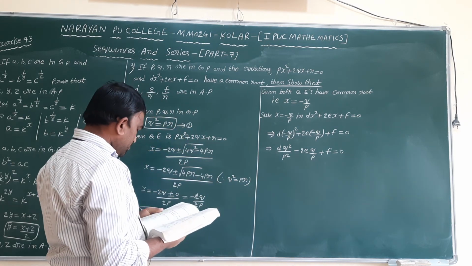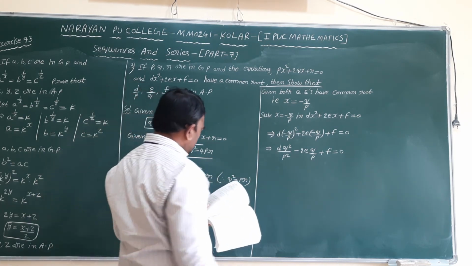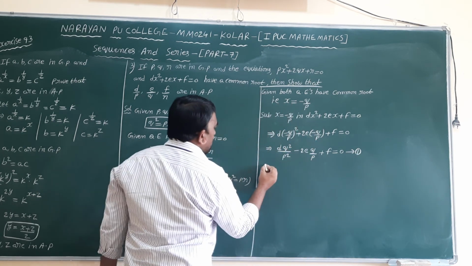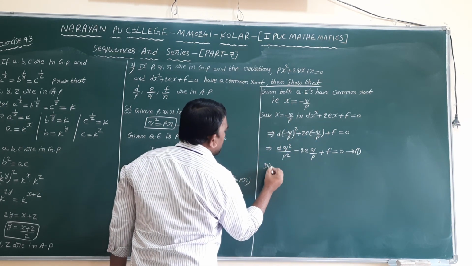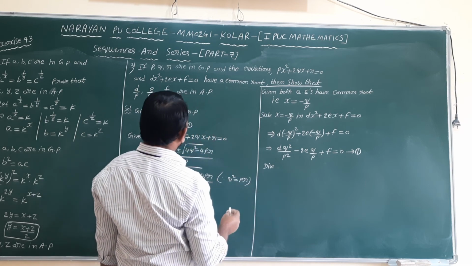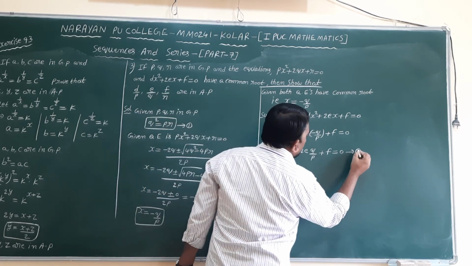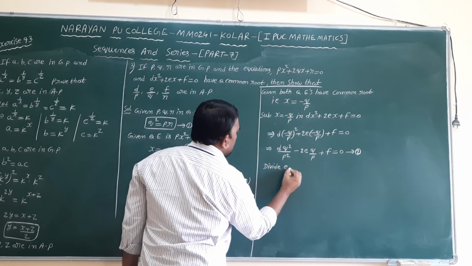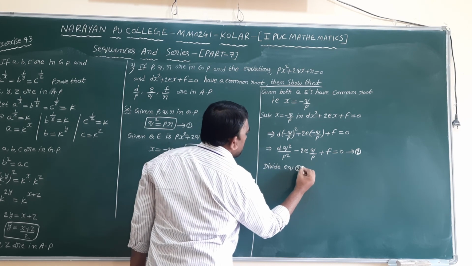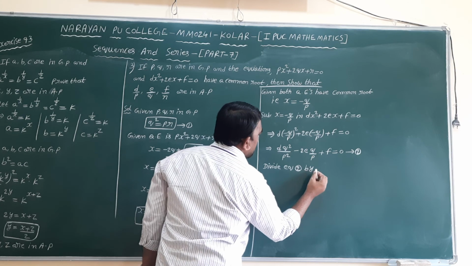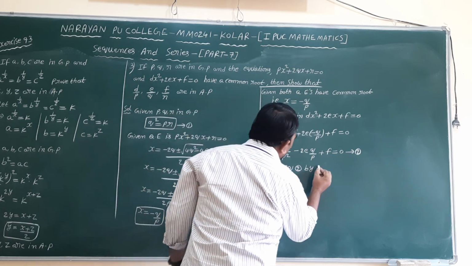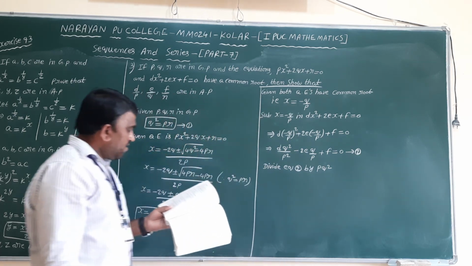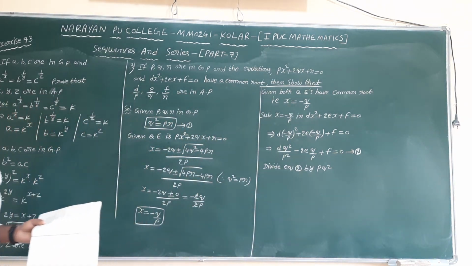Next, we divide this equation, call it equation 2, which we have already taken, by p q square.